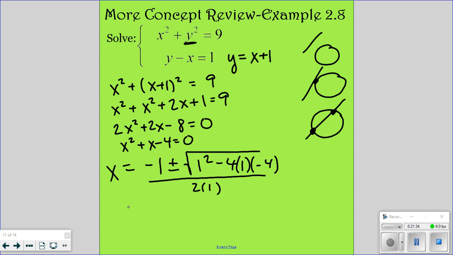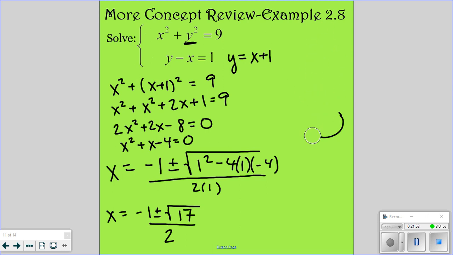So if you plug it into the quadratic formula, your x value is going to be -1 plus or minus the square root of 1 plus 16, so that should be 17, over 2. So that's actually two x values. So those are going to be put into two different ordered pairs.